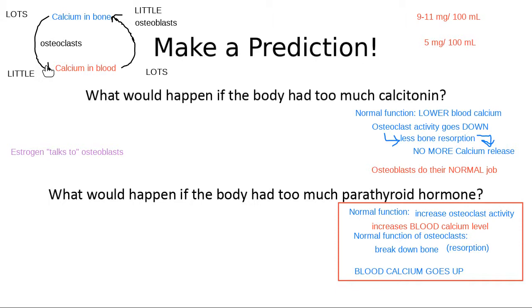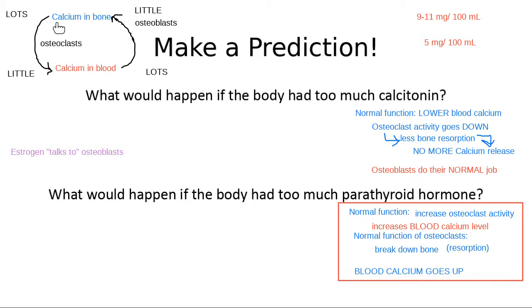So think about the big picture with our homeostasis. Really think about this loop here. I've got calcium in the blood, and I've got calcium in my bone tissue. If I'm taking calcium out of the blood and putting it into bone, that's the job of osteoblasts. They're building my bone tissue. If I'm taking that calcium out of my bones to put it back in the bloodstream, that's the job of the osteoclasts.